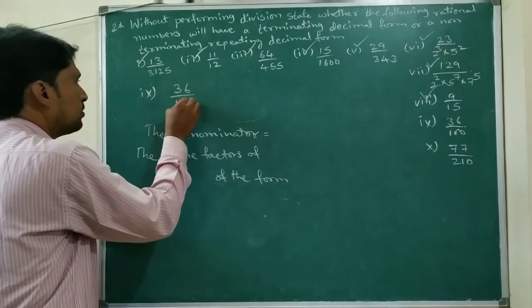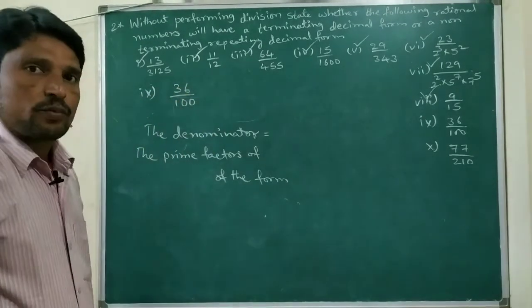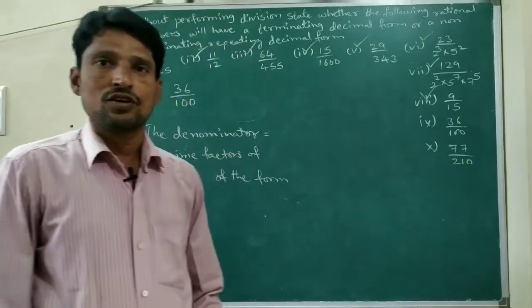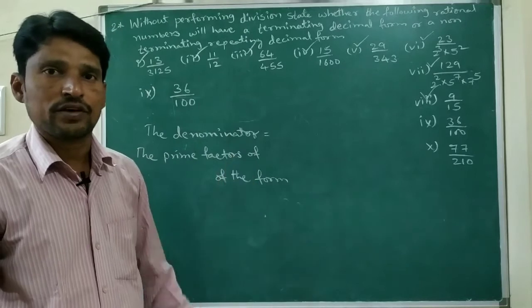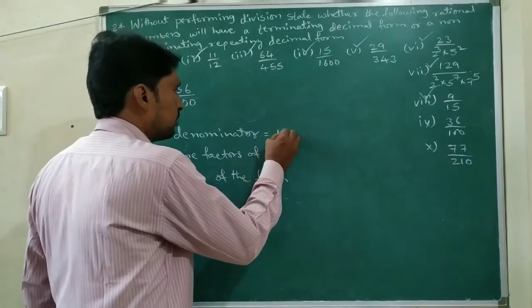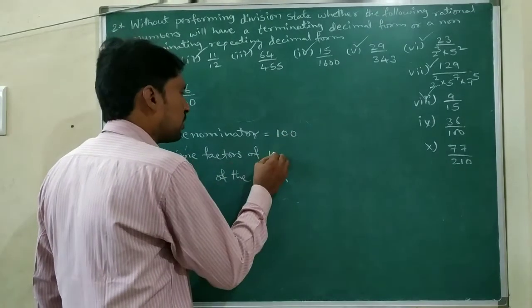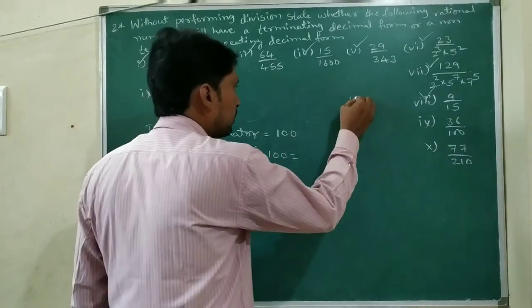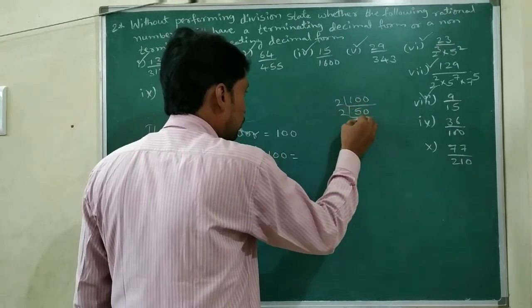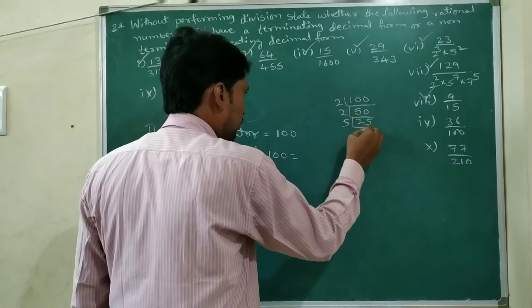36 by 100. What is the numerator here? The numerator is 36. Very good. And the denominator is 100. The prime factors of 100: taking 2 table, 2 fifties are 100, 2 twenty-fives are 50, 5 fives are 25.